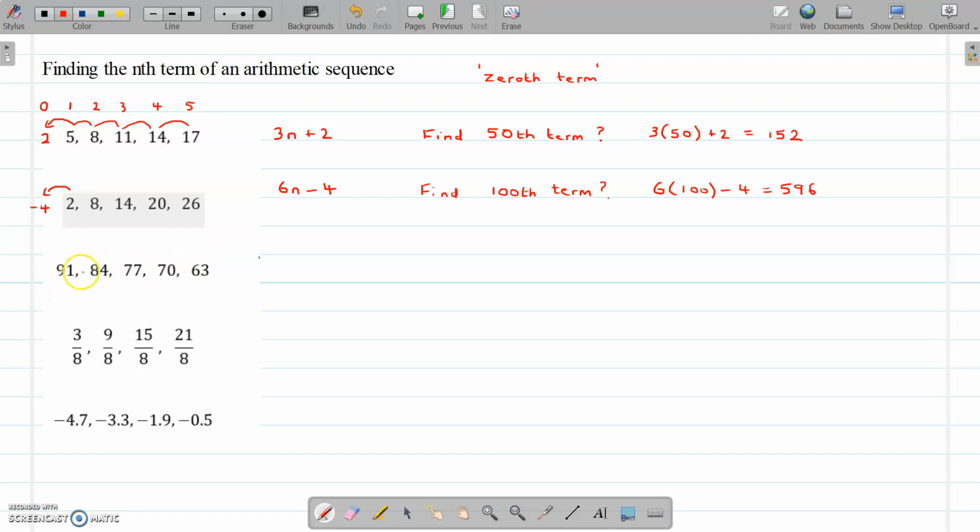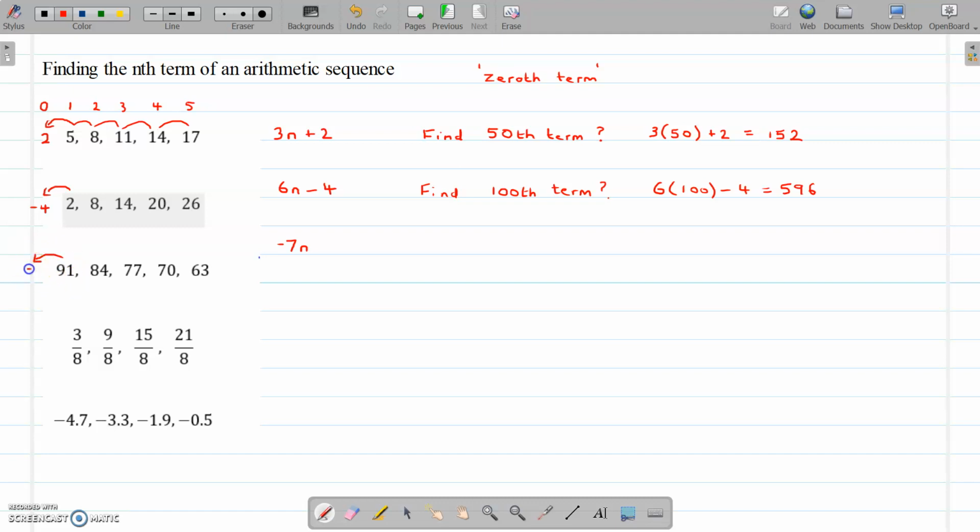Now, this one, the sequence is descending. So instead of starting with a positive number, we start with a negative number. It's going to begin with -7n, because it's going down in 7s. But what's the 0th term? It's the one that would appear before here.